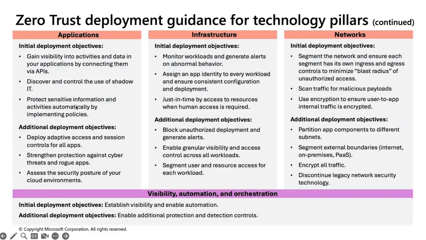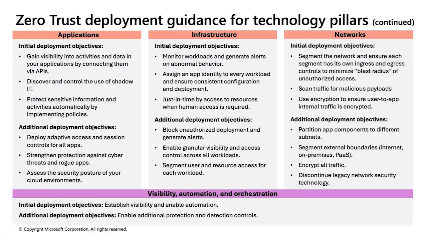Also, protecting sensitive information and activities automatically by implementing policies. We have to look into what different options we can use to achieve this objective. So definitely we have the Defender family of products, Defender for Cloud Apps, that we can use for protecting sensitive information. We can also integrate DLP options in this, data loss prevention.